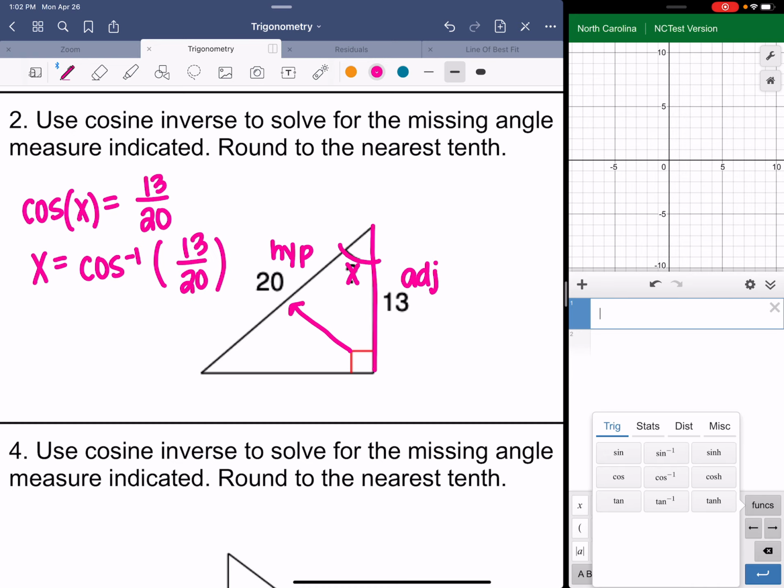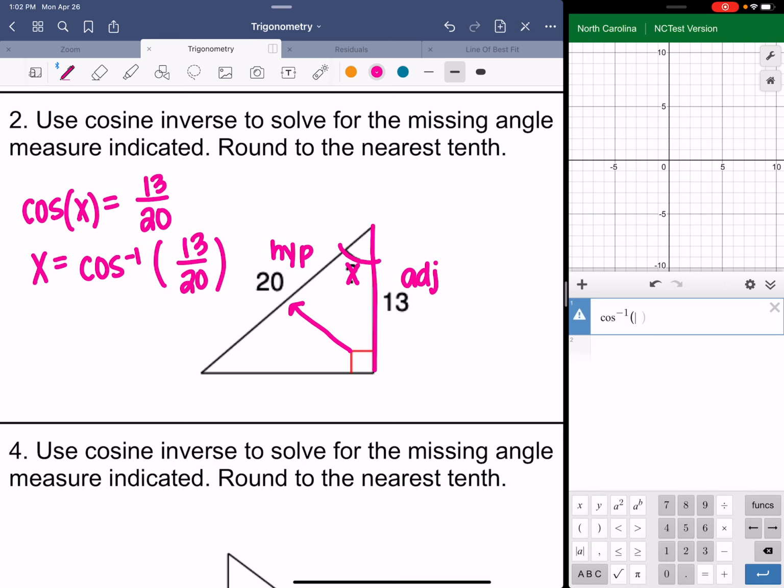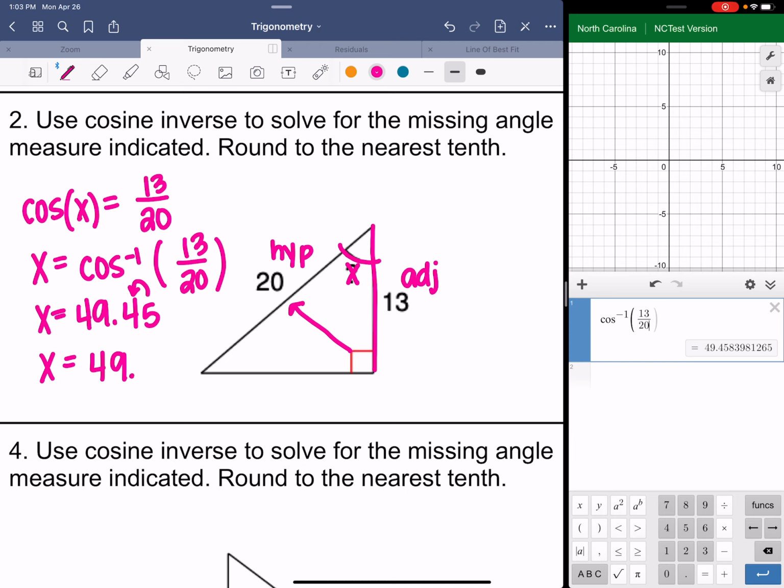And that's what we type into Desmos. That gives me 49.45. So just using that 5, that's enough to bump that 4 up to a 5 in the tenth place. So X is approximately 49.5 degrees.